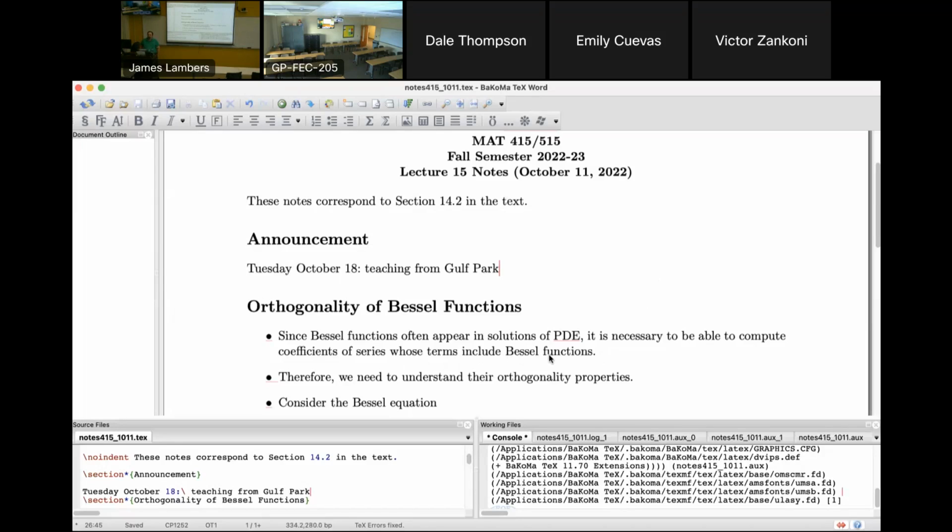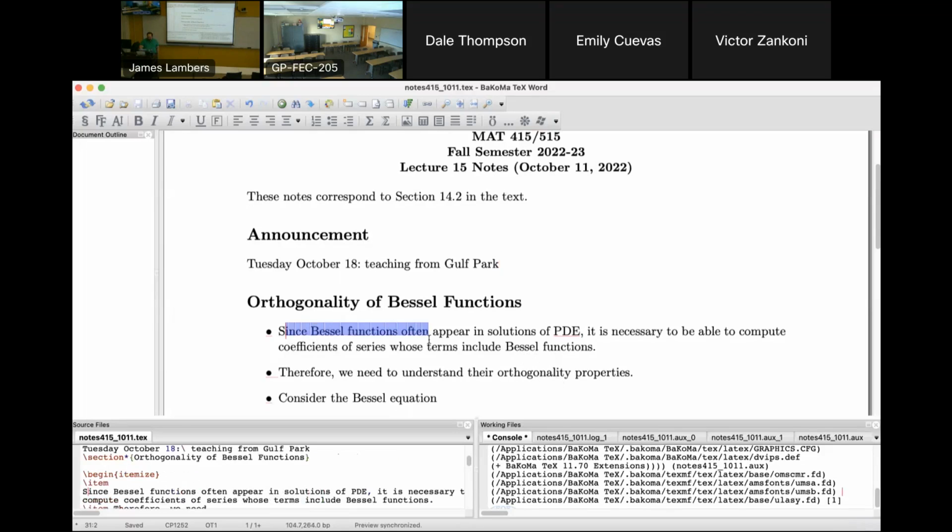As we've seen from the beginning of the course, when you write a function f of x as an infinite series of functions, you want those functions to be at least orthogonal, if not orthonormal. That way, we can compute all the coefficients of a series expansion independently of one another. So what we'd like is to have Bessel functions be orthogonal in some sense.